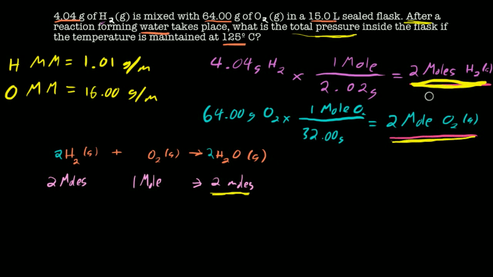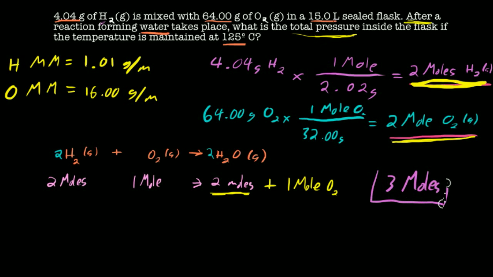So from 2 moles of hydrogen and 1 mole of oxygen, we form 2 moles of water, and then we add to that our 1 mole of oxygen, which didn't react. So all in all, after our reaction, we are going to have 3 moles of gas particles floating around inside of our container.